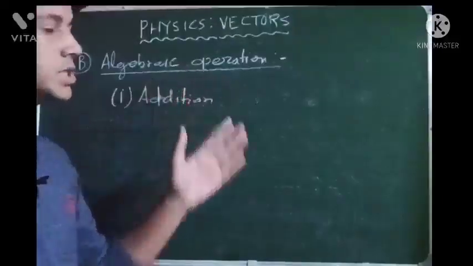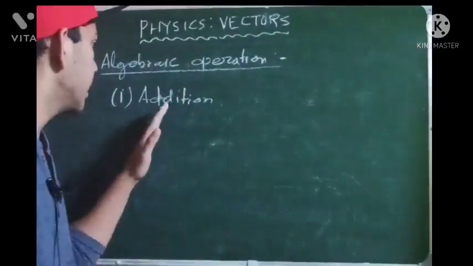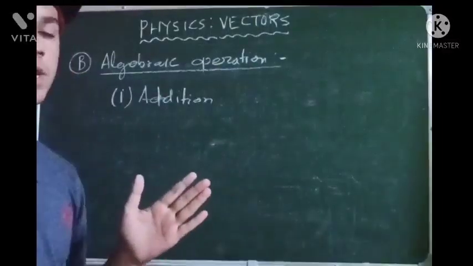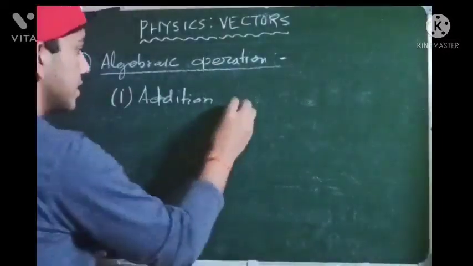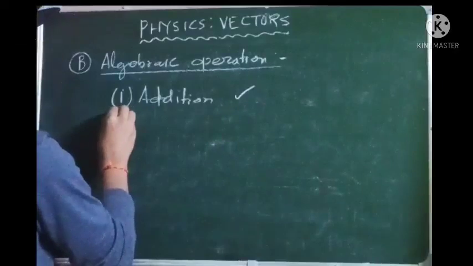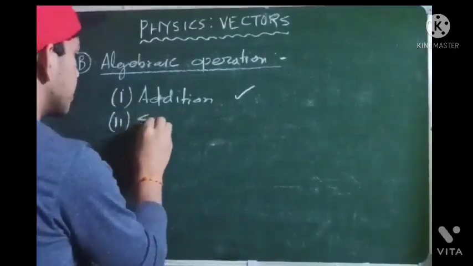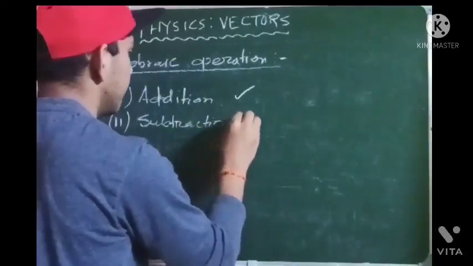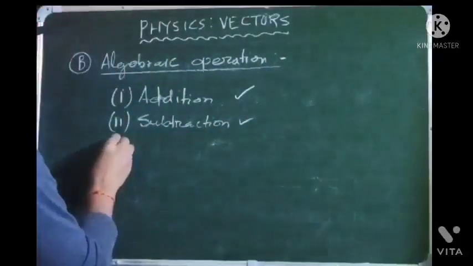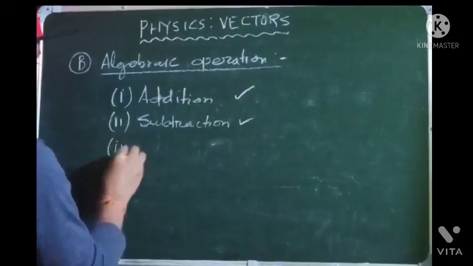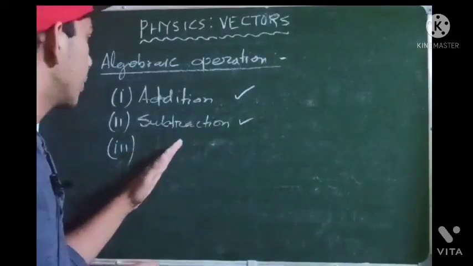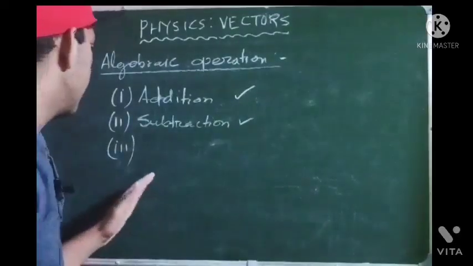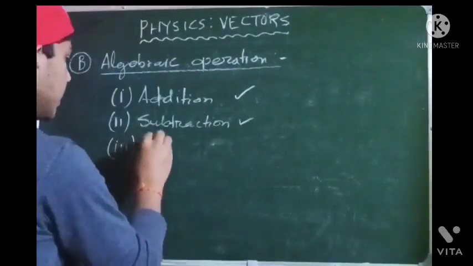In case of algebraic operations, the addition of vectors is valid. That means one vector adding to another vector is valid. And the next one is subtraction. It is also valid. We are going to look into these statements in more detail later on.